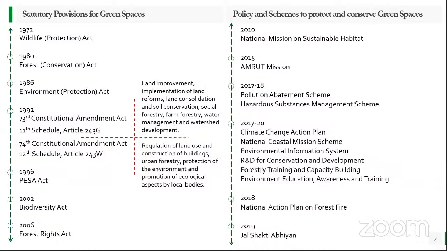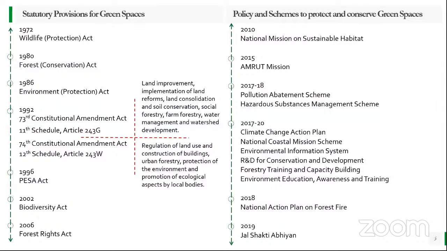Then the 11th schedule and 12th schedule are very important from a city region perspective. The lowest levels of local self-government in rural and urban settlements, the gram panchayats and urban local bodies respectively, need to work in tandem to secure green spaces.